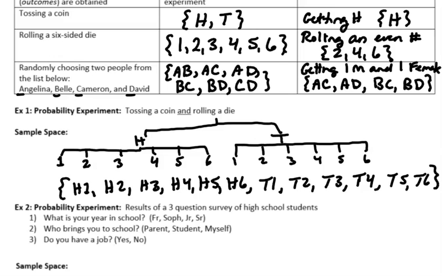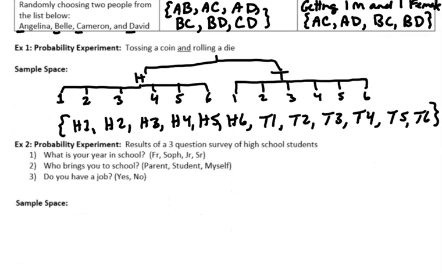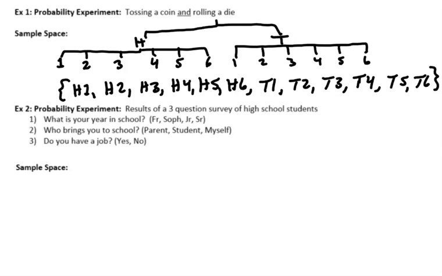So you can see my sample space is expanding because I did one event and then another event after that. So now my sample space has a combination of those 2 events. Let's look at one that's even a little bit more involved, and then we'll show you that there's an easier way to do this.